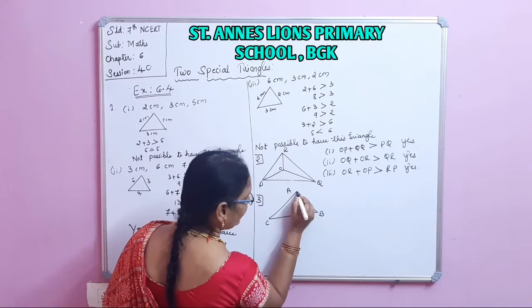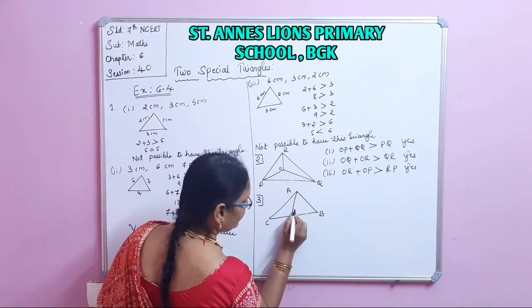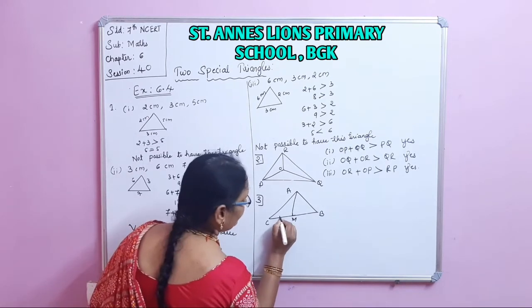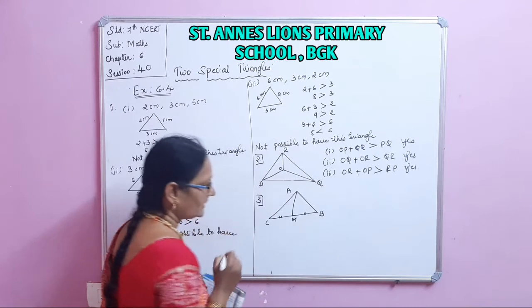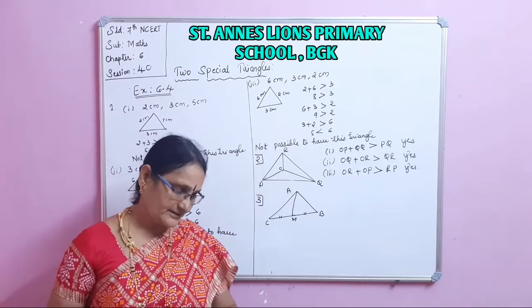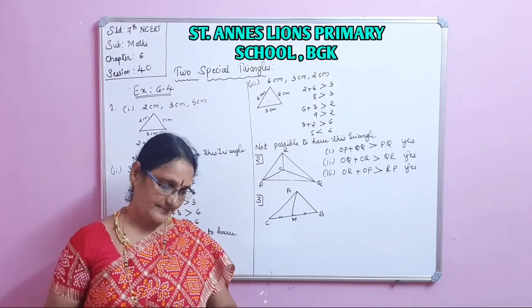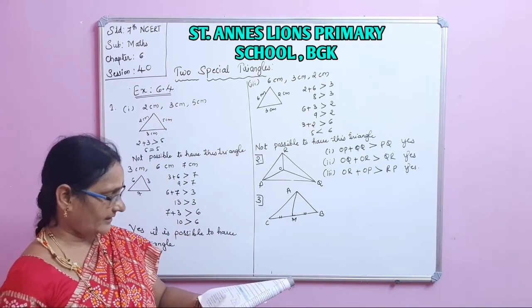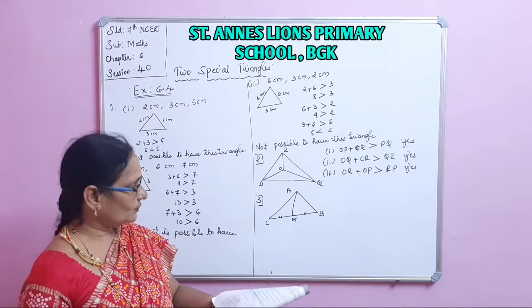So here AM is a median. They ask some questions. Since AM is a median, automatically CM must be equal to BM. AM is a median of a triangle ABC. Is AB plus BC plus CA greater than 2AM?